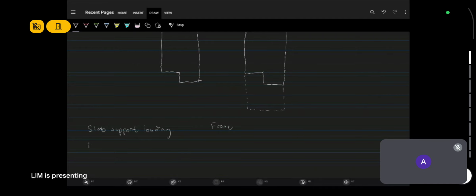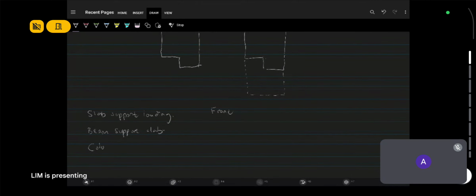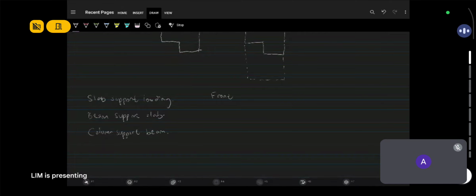Then the beam supports the slab. Then the column supports the beam. This is the hierarchy. Then the foundation supports the column.